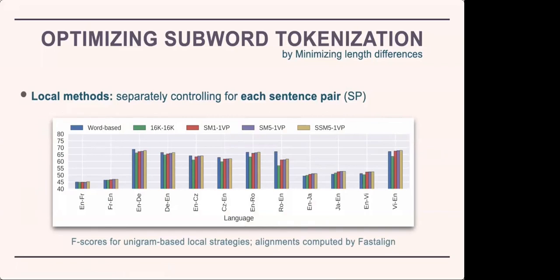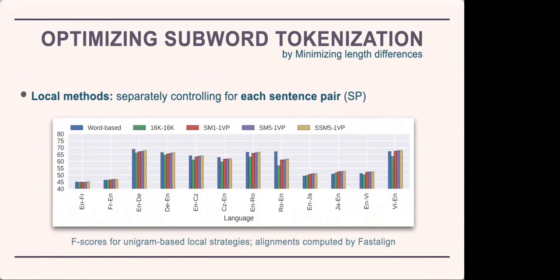We show the performance of the sampling methods using one vocabulary pair: SM1-1VP, SM5-1VP with the top 5 highest probabilities instead of 1, and SSM5-1VP, a similar sampling method, compared with the unigram-based method assuming vocabulary size 16K.